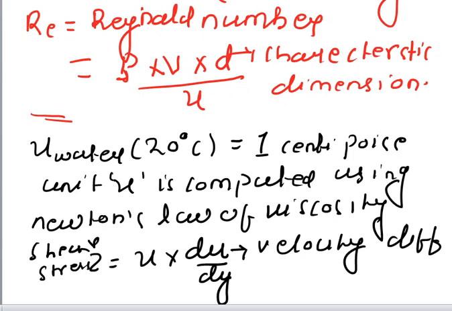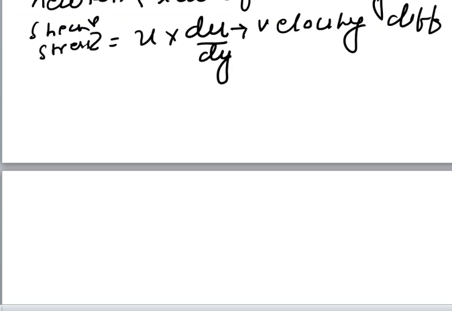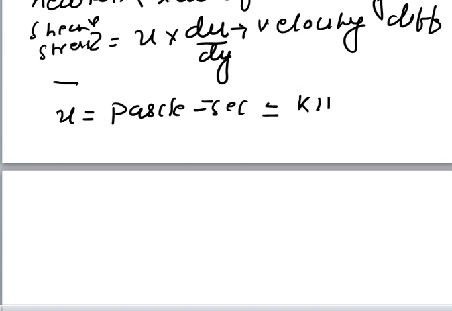From this law, if you compute the unit of nu, it comes as Pascal second. Pascal is the unit of pressure, which is force per unit area, kilonewton per meter square, times second. This is Pascal second, which is the unit of viscosity.